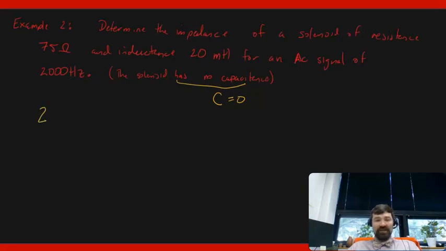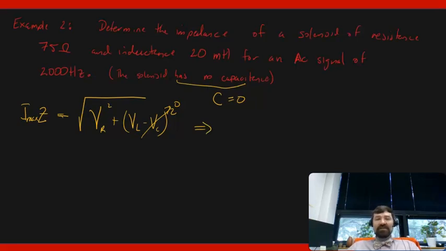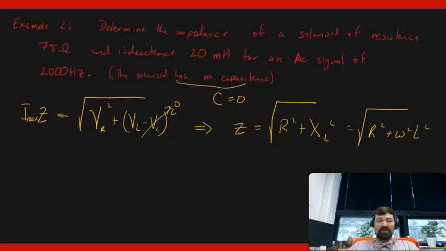Okay, so in this case, recall that Imax times Z is equal to Vmax, and that is the square root of (VR squared plus (VL minus VC) squared), and this VC term right here is 0. And so basically what this means is that my Z in this case will look like the square root of R squared plus chi L squared, or in other words, square root of R squared plus omega squared L squared.